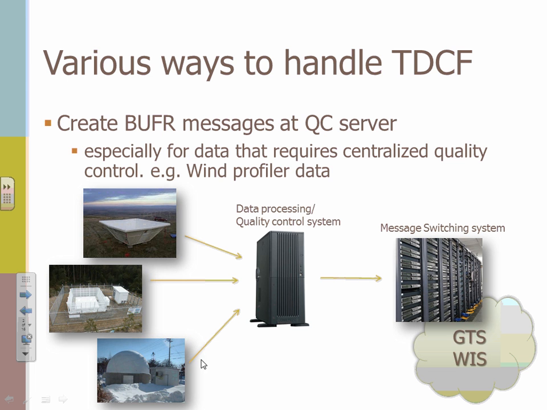In many cases, the buffer messages are created in this server because, as Diana mentioned, one of the strongest points of TDCF is it contains quality control information in the buffer message itself. So this happens in many cases. The data will probably then be sent to the message switching system and goes to GTS or WIS. That is a very general way to handle this.